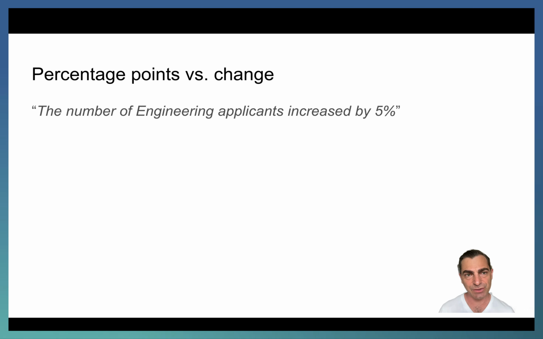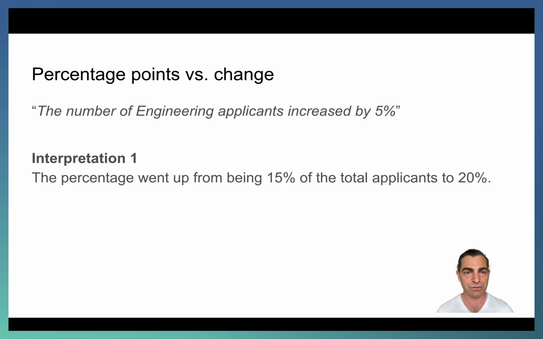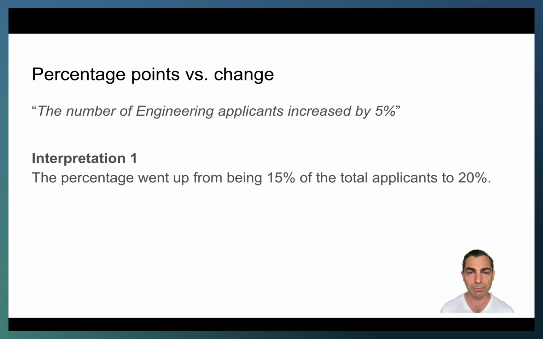Well, the interesting thing is that there are at least 2 separate possible interpretations. The first interpretation is that the percentage went up from being 15% of the total applicants to 20%, right? So previous year, 15% of the whole applicants; this year, the percentage of the total applicants is 20%. So it went up 5%.